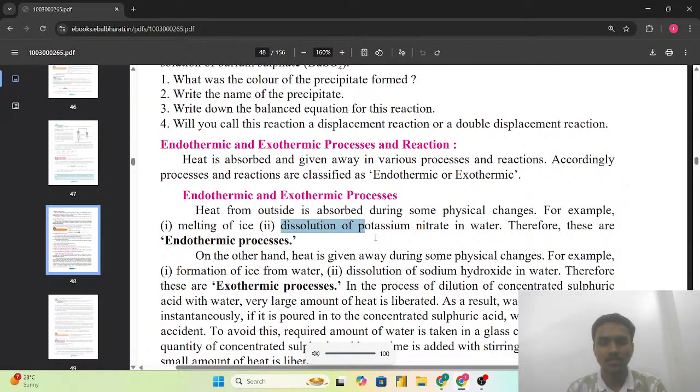Also, another example is the dissolution of potassium nitrate in water. When we put KNO3 powder into the water, heat gets absorbed as the potassium nitrate molecules absorb the heat, and that type of reaction we can also call an endothermic reaction.